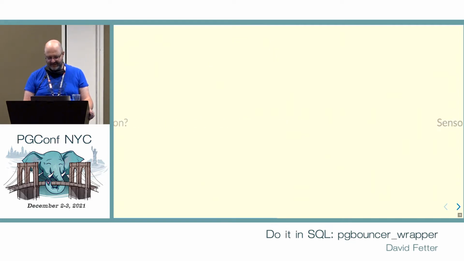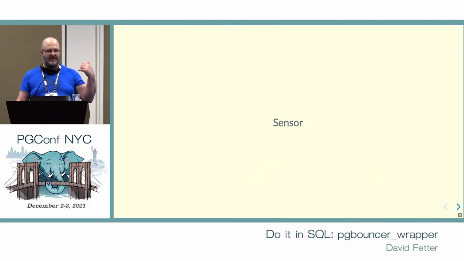So I divide this into two sections. There's the sensor. That's the part that we were looking at earlier. That's the raw sensor data. And even for a relatively small thing like a single pgbouncer instance, that can really balloon. So I'll talk about how you can make sense out of this flood of raw sensor data.